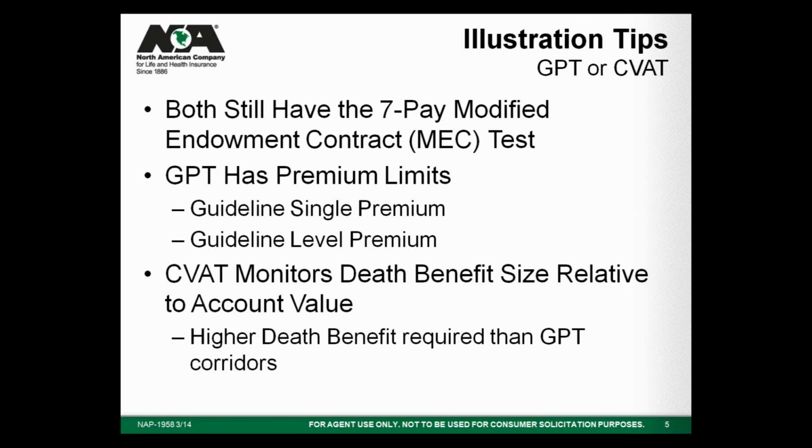You don't do increasing. Whereas with the Guideline premium test, sometimes you can run it at increasing death benefit, sometimes you run it at level. It really depends on how the policy is going to work out. But like I said, in most cases, if we're trying to solve the policy to not be a MEC, we do run the Guideline premium test.